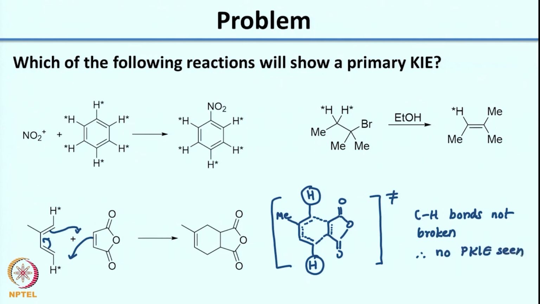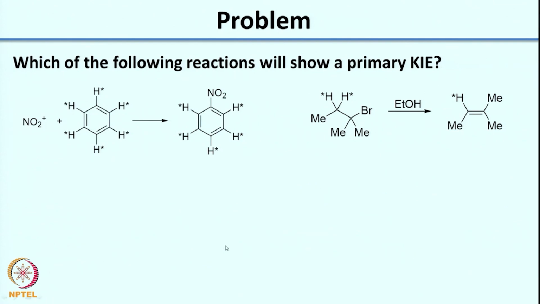Okay, this is quite straightforward because in your product also you have these CH bonds and they are not broken. So you can say that this reaction will not show a primary kinetic isotope effect. Now, what about the other two reactions?